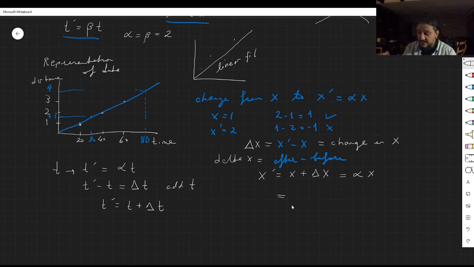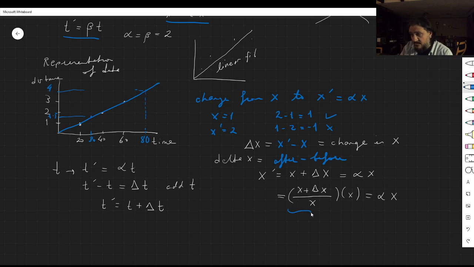Dividing a number by another number and then multiplying it by that same number should not change it. So I take this x plus delta x and I'm going to divide it by x, whatever x is, and then I'm going to multiply it by x. So that is my alpha x. I'm just copying it from the previous line, but I immediately recognize now this as alpha.